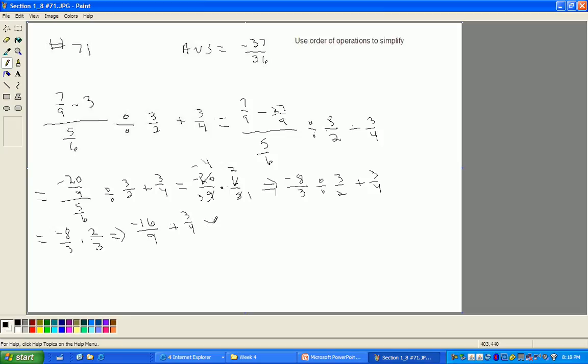And now the last thing we need to do is add the fractions. To add, we need a common denominator. The lowest common denominator for 9 and 4 is 36. To get 36 here, we multiply both of these by 4.